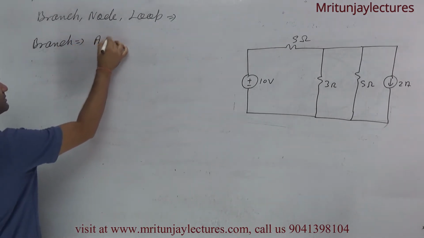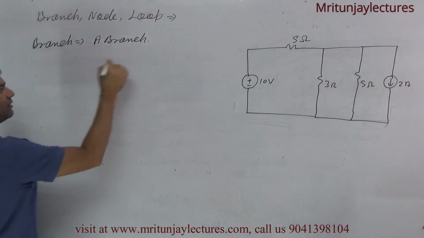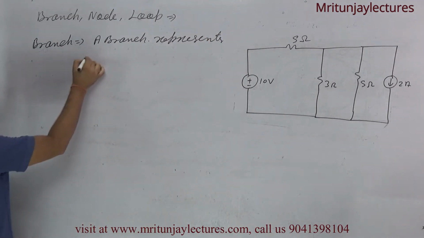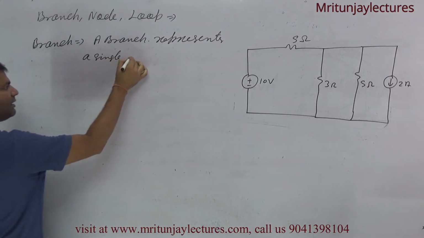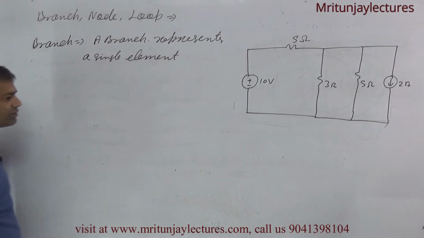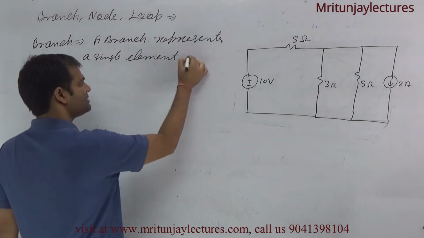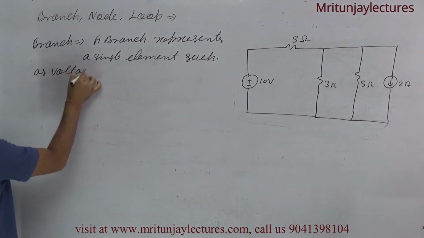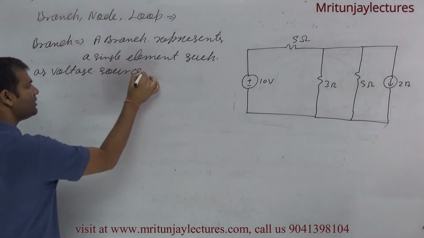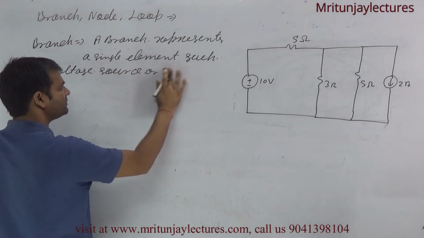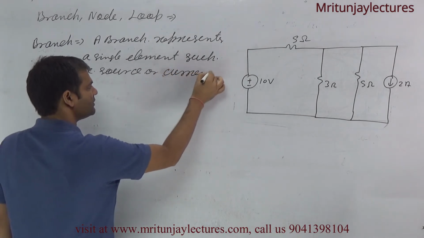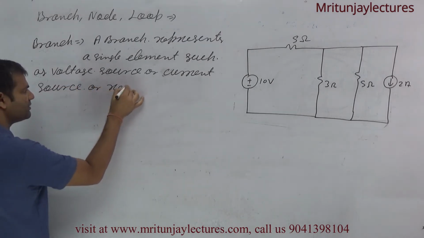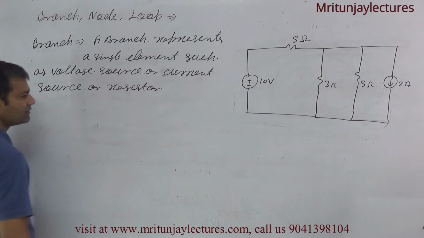A branch represents a single element, such as a voltage source or a current source, or a resistor.